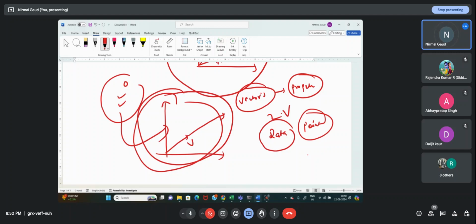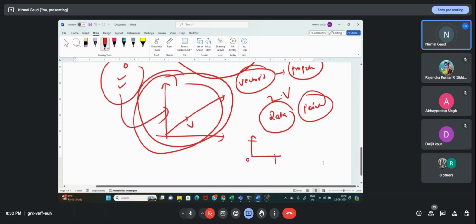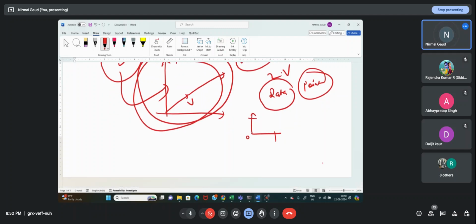Okay, fine. What is the distance between this point and this point? You can say the distance is 2 plus 3, so 5, if I take Manhattan. But if I take the shortest distance, it is the square root of 2 squared plus 3 squared. Who gave this concept?